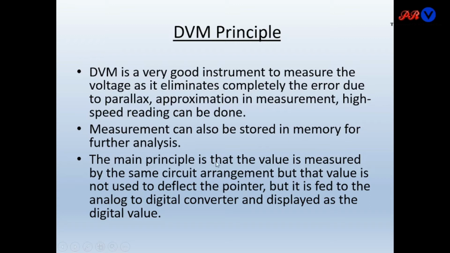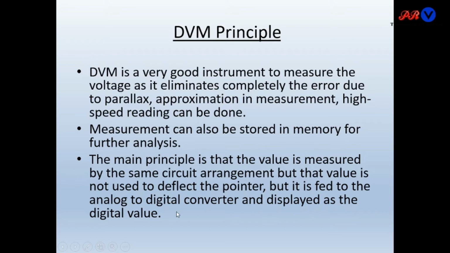The main principle is that the value is measured by the same circuit arrangement, but the value is not used to deflect the pointer. Here the pointer is not deflected by the measurement, but it is fed to the analog to digital converter. So here we will use ADC, analog to digital conversion circuits, and then it is displayed as the digital value.